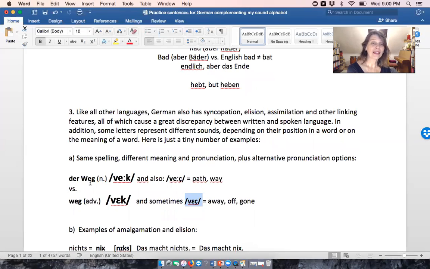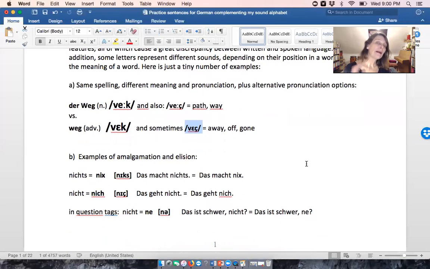Anyway, it's a fact that der Weg or der Weg are two options that I use, and weg or weg. So the noun and the adverb are spelled the same. One is capitalized because it's a noun and one is not because it's an adverb, but still you don't hear that. So the letters are the same, but the pronunciation of the vowel is different. I think that's really mean, really hard. So yes, that can happen.